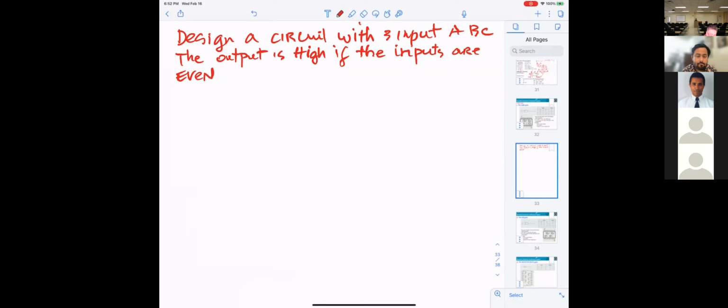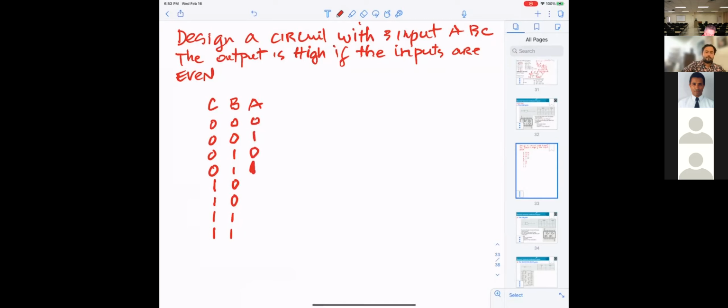So the truth table will be C, B, A, 0, 0, 0, 0, 0, 1, the next will be 0, 1, 0, and the last one will be 1, 1, 1.